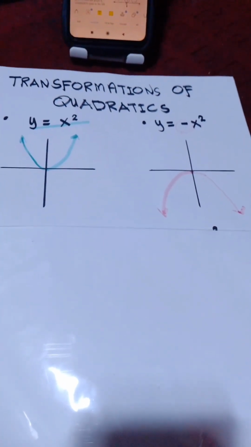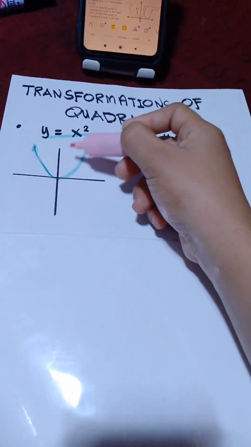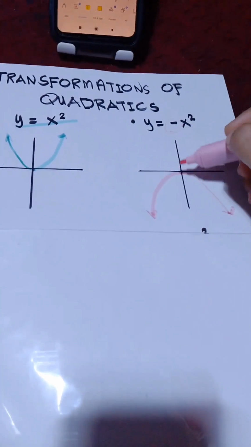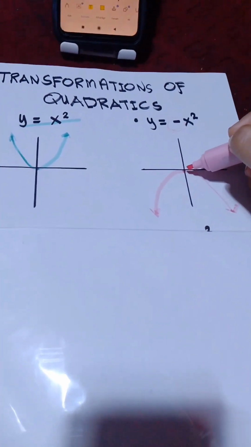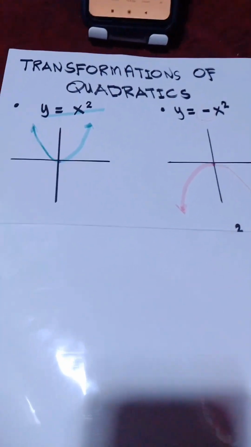So it's positive, it opens upward, and the vertex is at the origin. Same here, the vertex is at the origin, but it opens downward since it's negative.